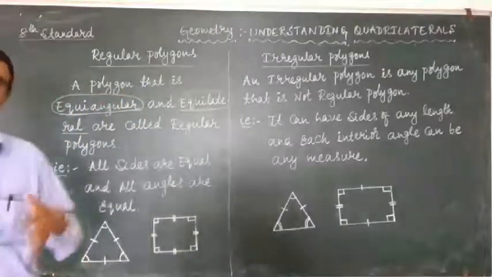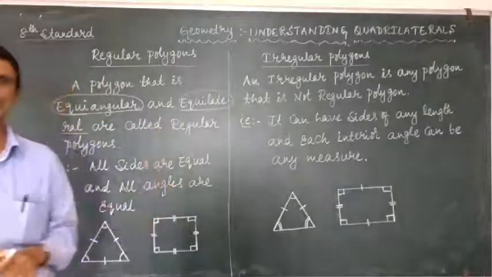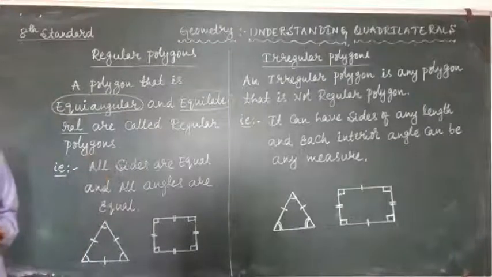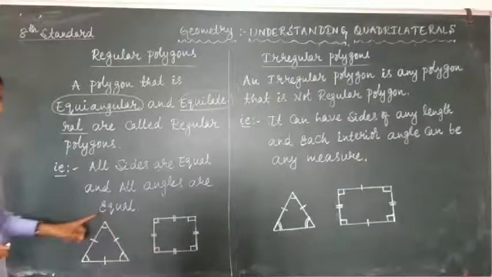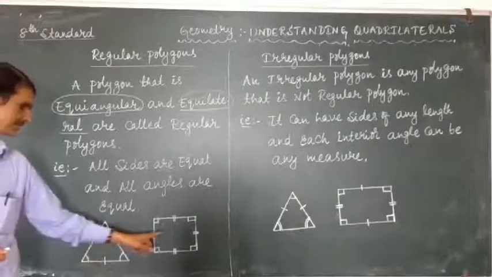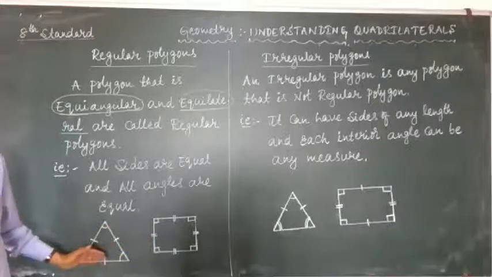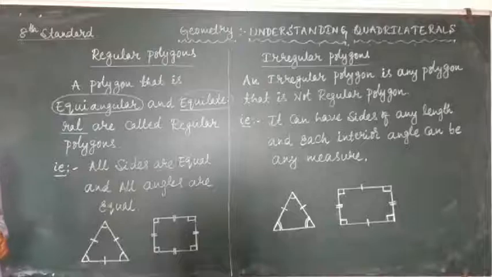That means all sides must be equal in that polygon, and also all the angles must be equal. So students, observe these two figures. These two are the examples for regular polygons.